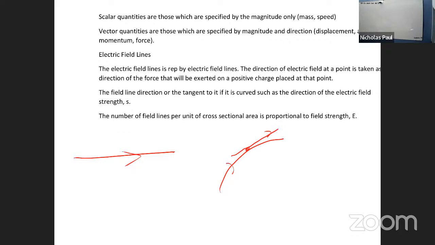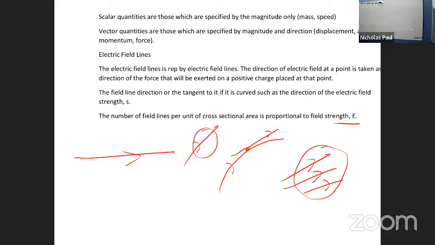The number of field lines per unit cross-sectional area is proportional to the strength. So if you have plenty of field lines, the electric field strength is strong. If you have only a few field lines, the electric field strength is weak. Are you okay with that?